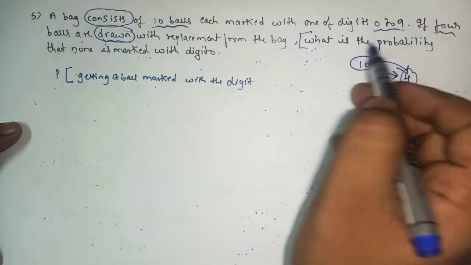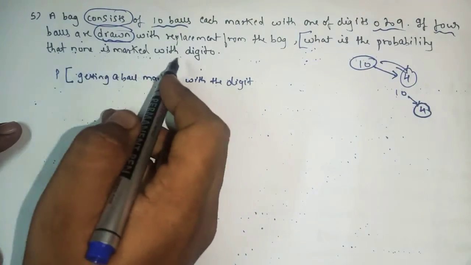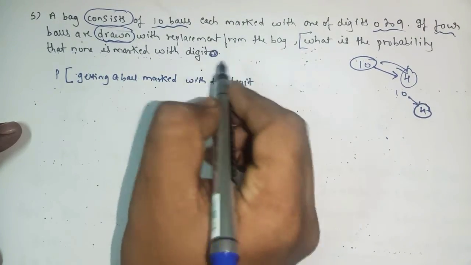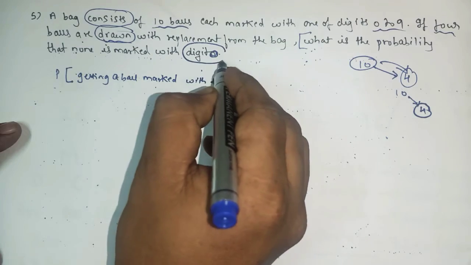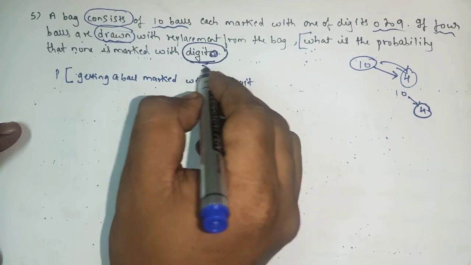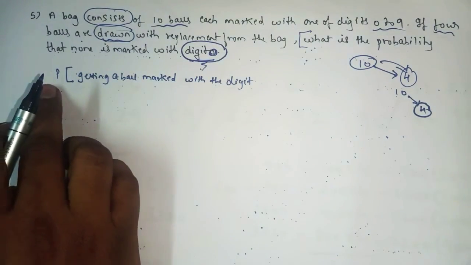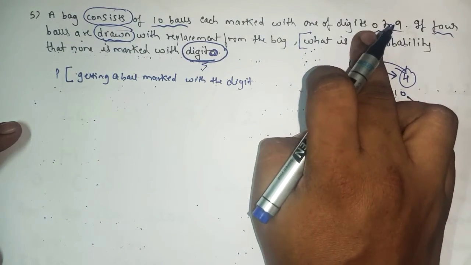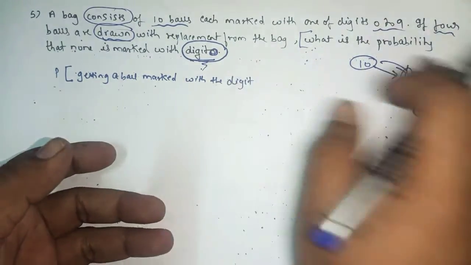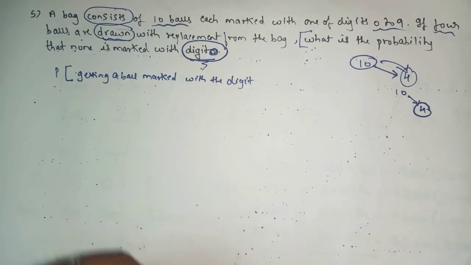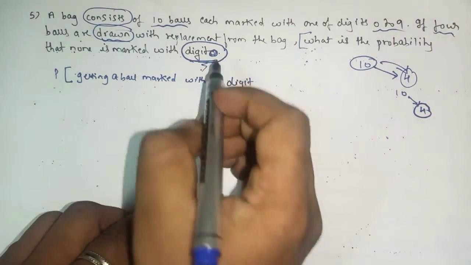You have to find the probability that none is marked with digit 0. So here the target is digit 0. So digit 0 we have to consider as the value of p, as there are 10 numbers, 0 to 9. As in the previous sum also we saw defective items.